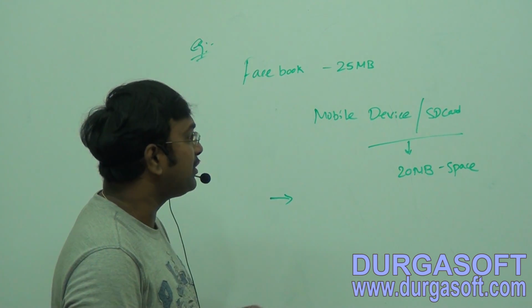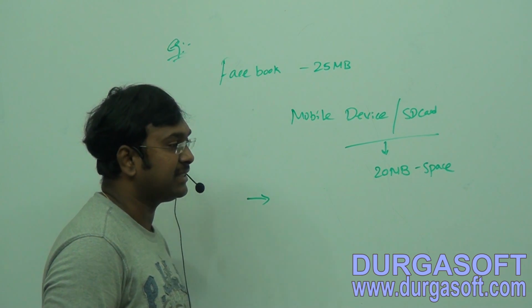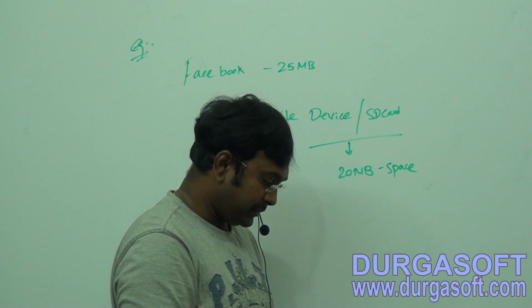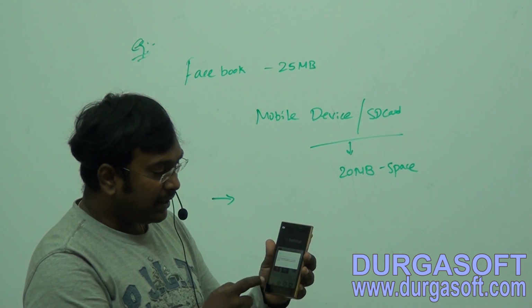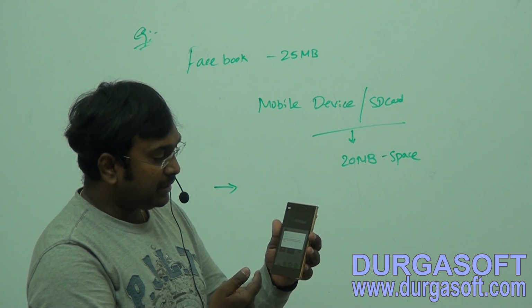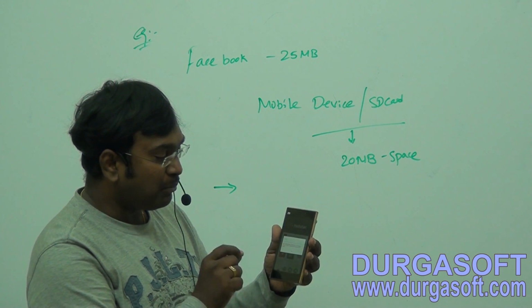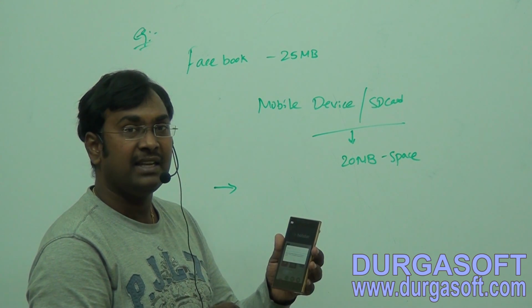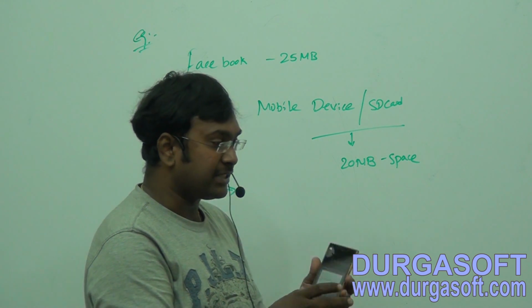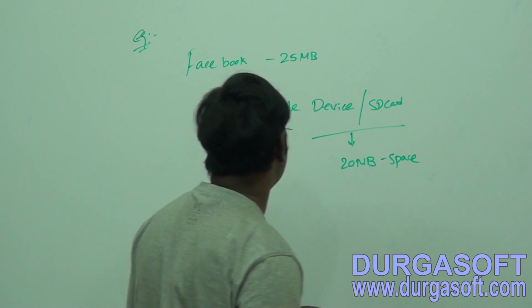No, definitely it shows a pop-up message that there is not enough space. See, here it is showing error downloading Facebook, there is insufficient space on your mobile device. If there is no space in your system or mobile, it definitely shows a message like that.